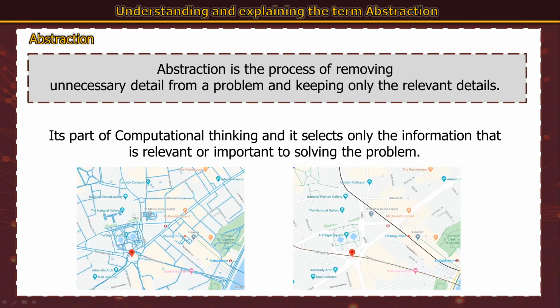Here on the left hand side, I've got rid of all of the physical attributes such as the trees and the buildings and the roads, and now it's just giving me an overview of all of the transport throughout London. And you can see on here, I'm after particularly the train route. Here there is a train route, but I can't really see it because I need to abstract information further. I need to remove the unnecessary information.